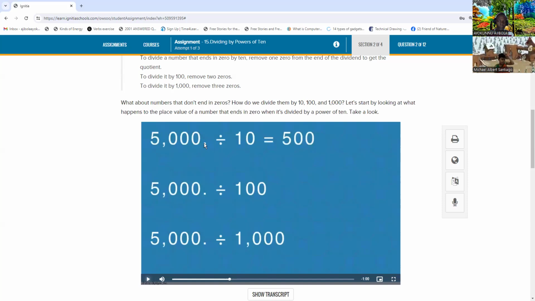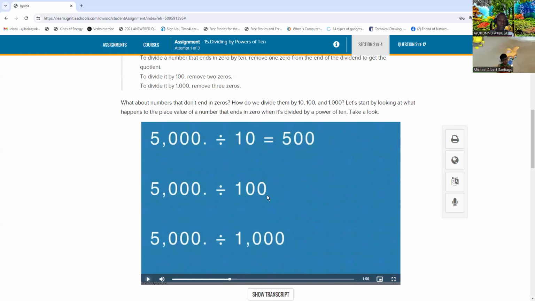So if we divide and turn it into 500 by dividing by 10, that means we have moved the point to the end of the second 0. Is that clear? That gives us 500.0, which is just 500 if we don't want to put the point. Is that clear? Because it's not necessary.